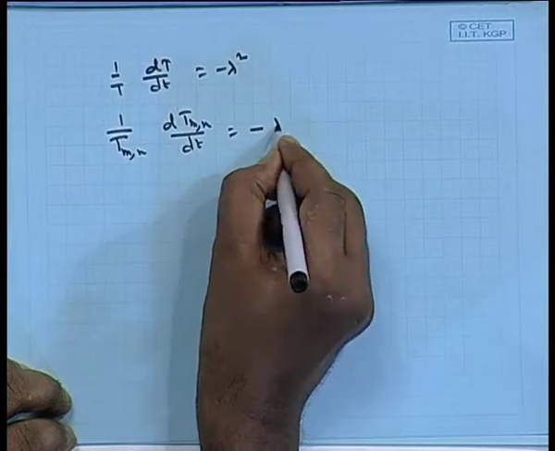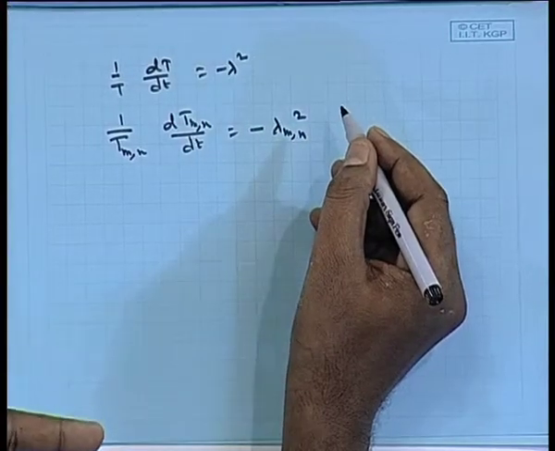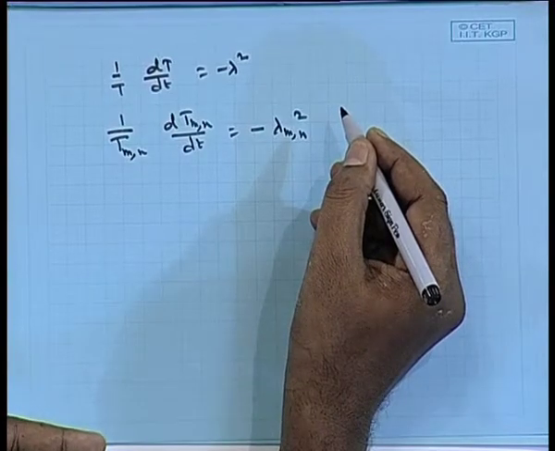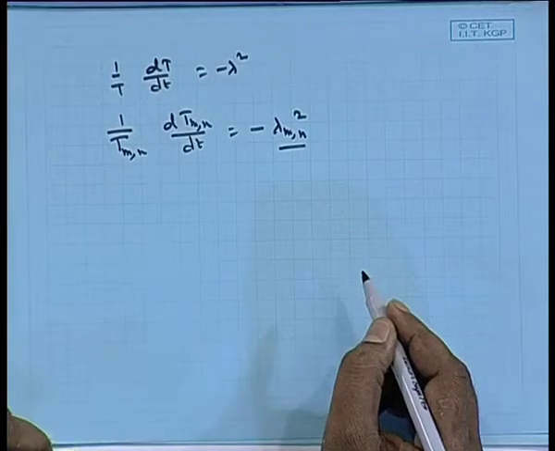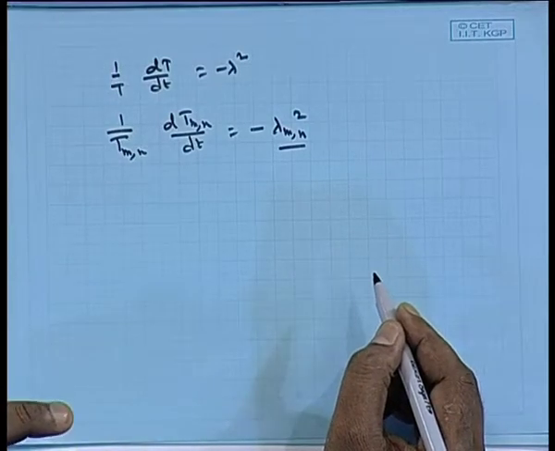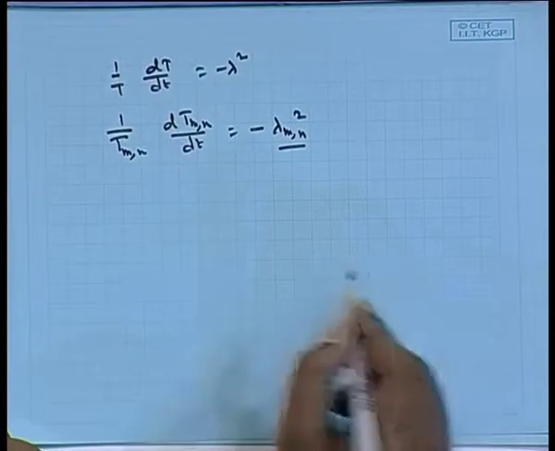So, it is minus lambda m n square, that is nothing but mu m square plus alpha n square, which is m square pi square by b square plus n square pi square by s square. I am not writing it down.